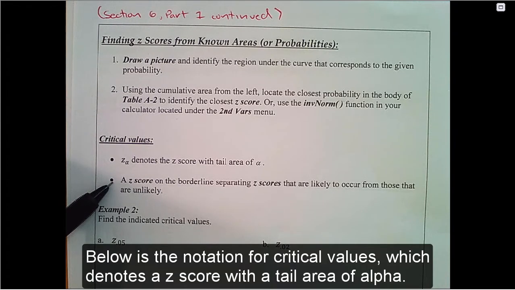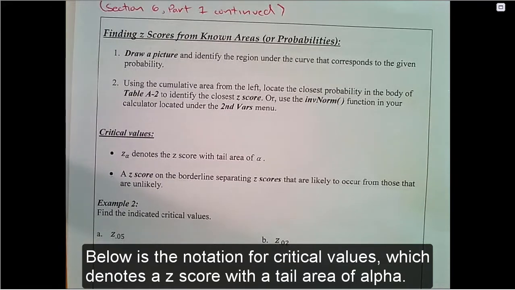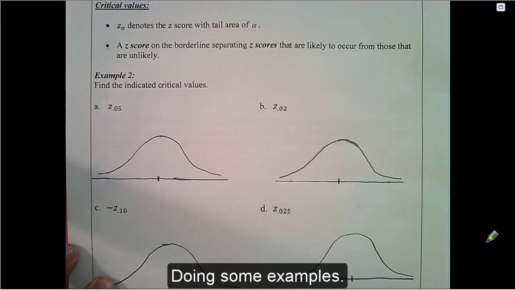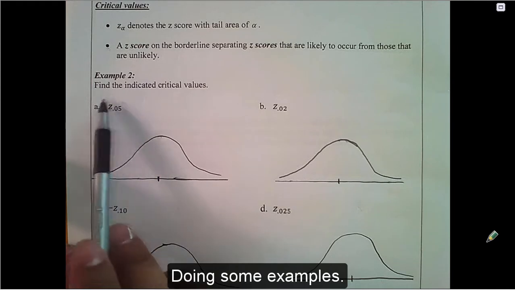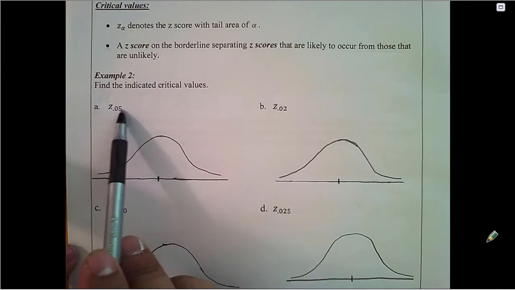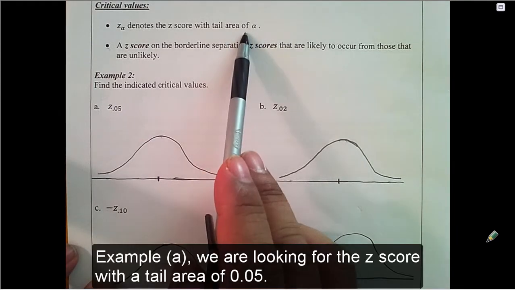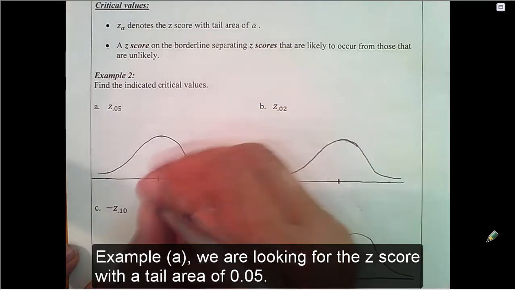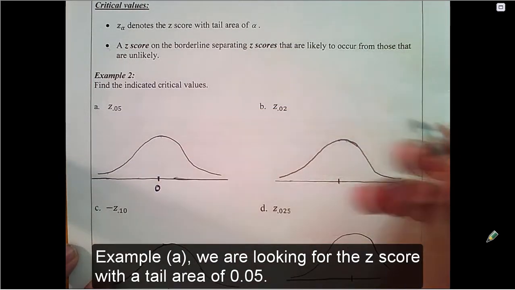Below is the notation for critical values, which denotes a z-score with a tail area of alpha. Doing some examples. Example A, we are looking for the z-score with a tail area of 0.05.